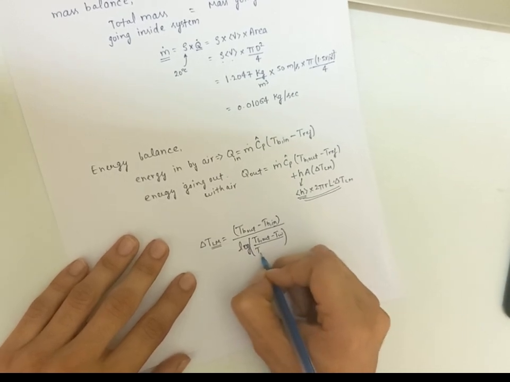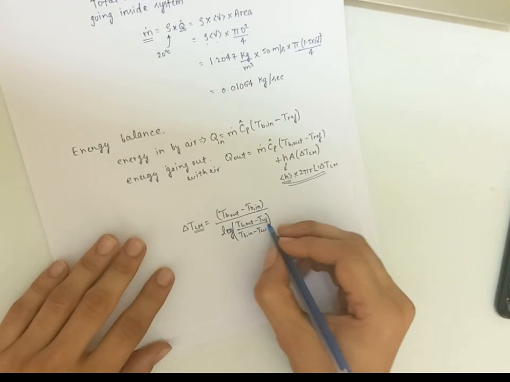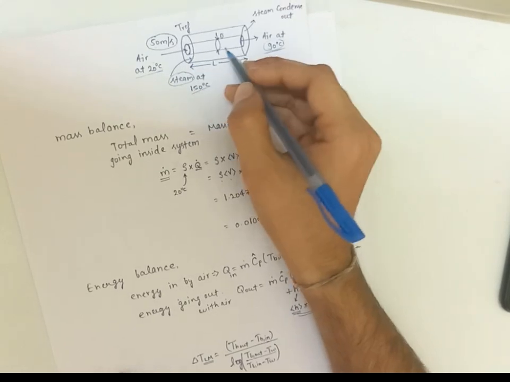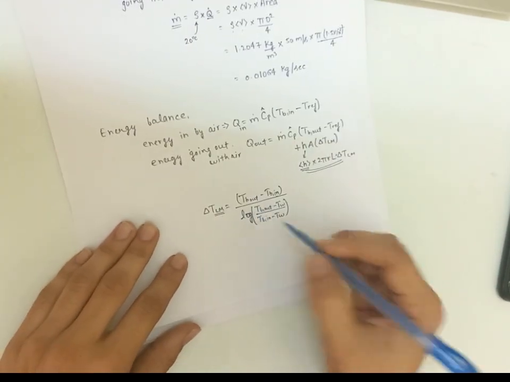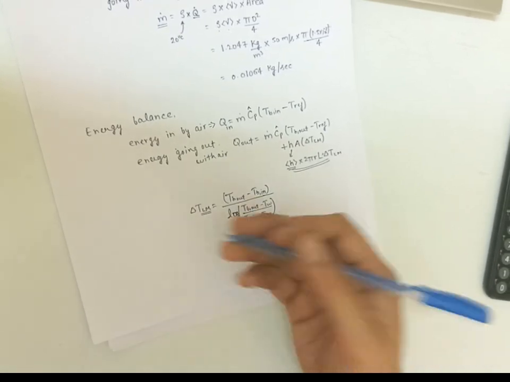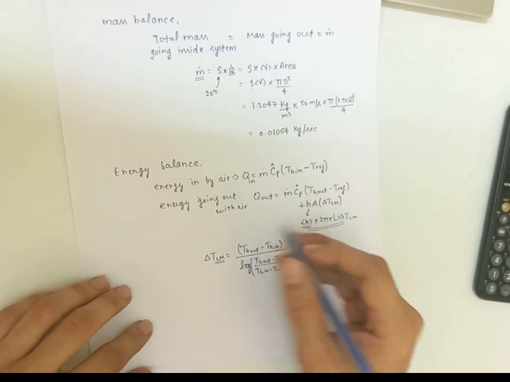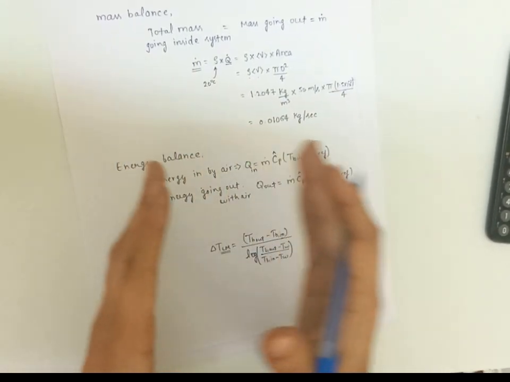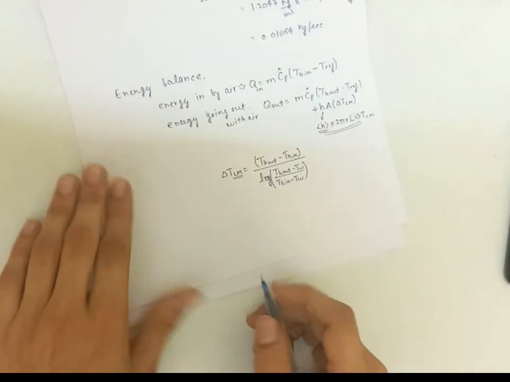And this T_W is another mean temperature between both of these, so we do not need to take care of that. The calculation is taken care of by itself. Now we will balance both of these, because for the energy balance, energy coming in is equal to energy going out. So for air we are going to balance out both of these terms.